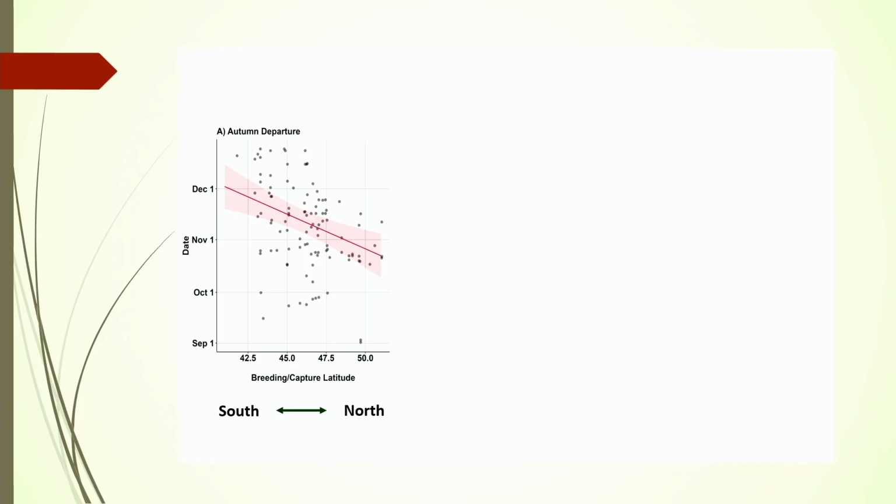Looking at phenology, if we look at when they left in the fall to their breeding areas, we see a clear trend with breeding latitude. So individuals that are farther north left earlier, which sort of makes sense, right? So the winter's occurring a little bit sooner.